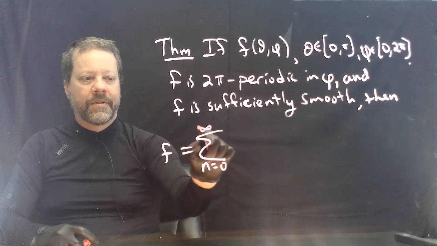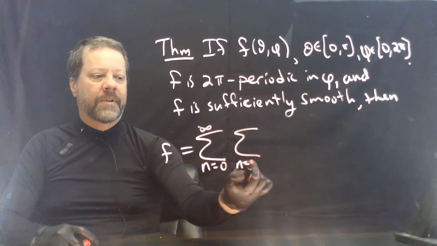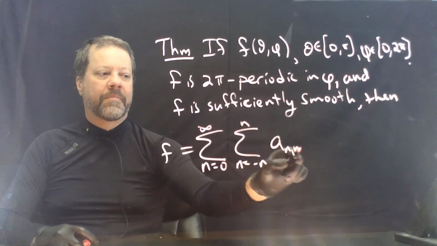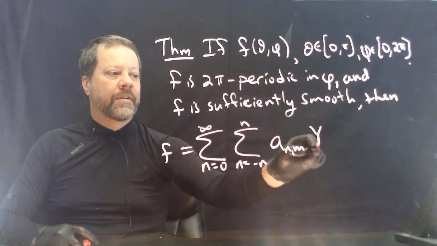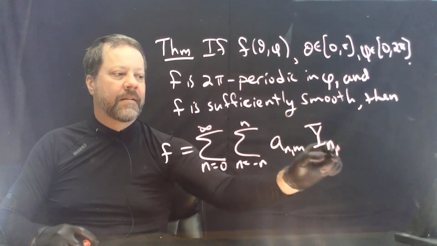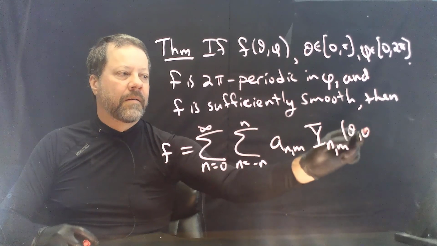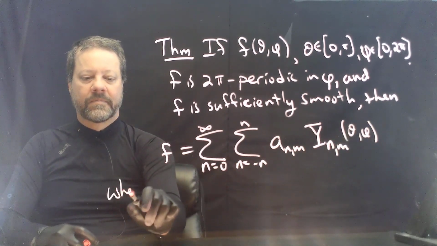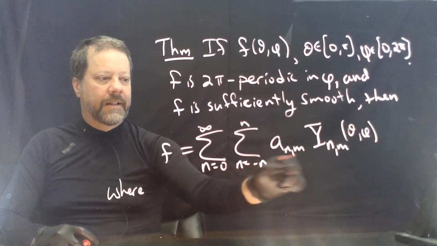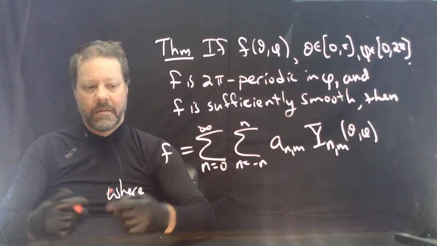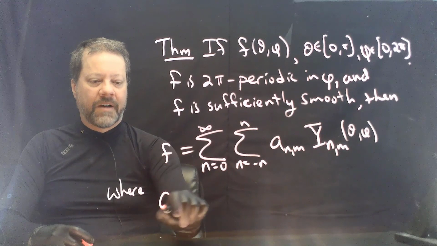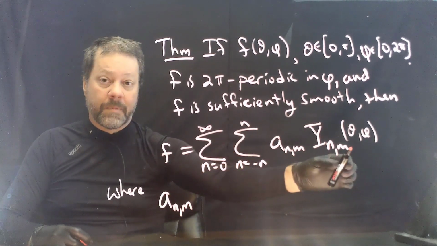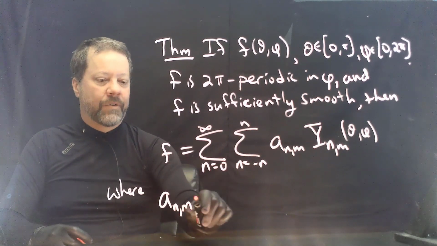n goes from 0 to infinity, m goes from minus n to n. We'll have a n m as our coefficients to these spherical harmonics, where, how do you calculate these Fourier coefficients? Well, you do it in the obvious way, and since we have an orthonormal basis now, we don't need to have a normalization factor.